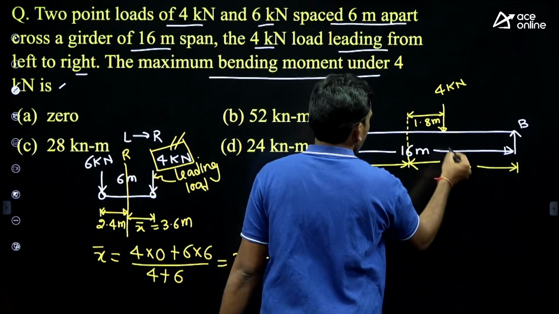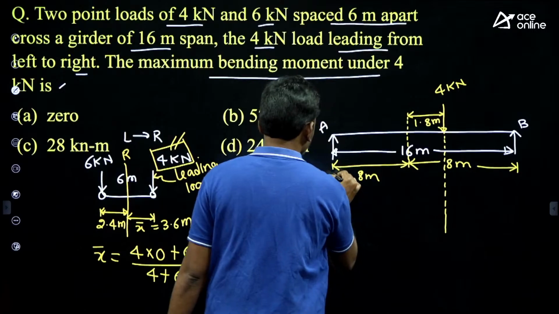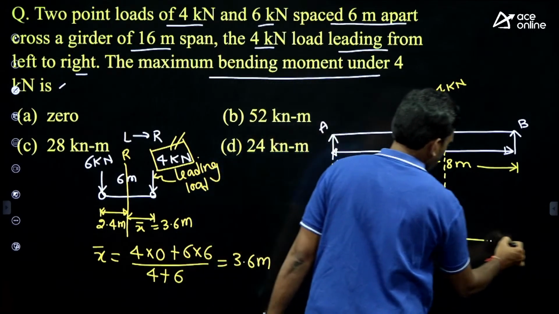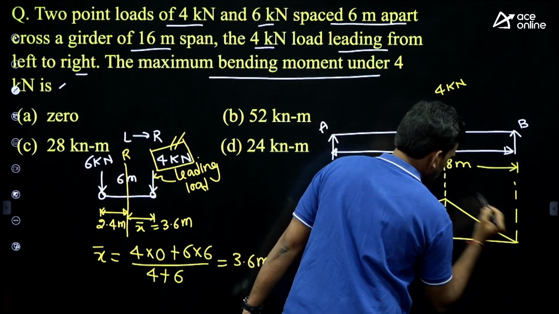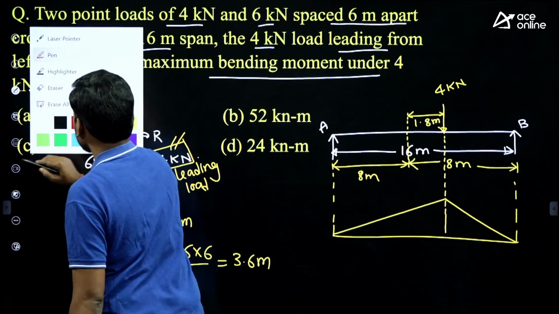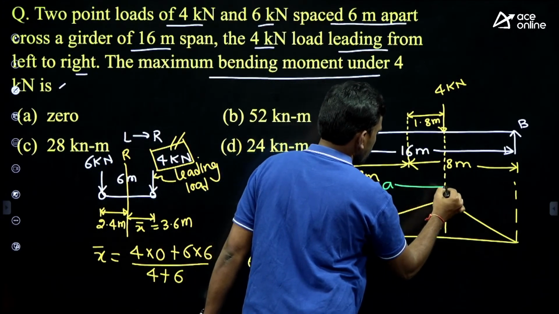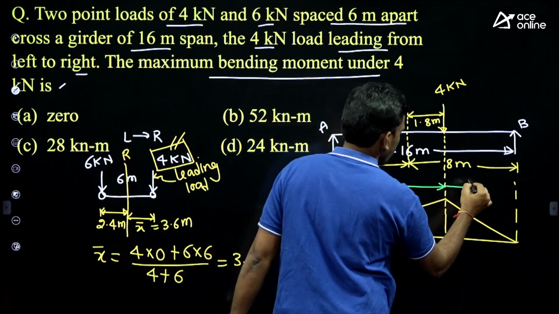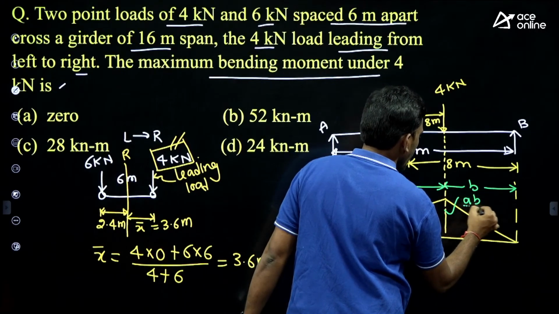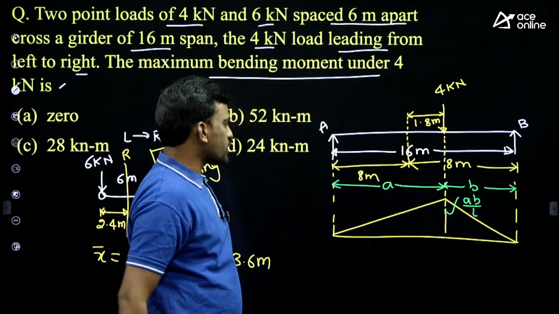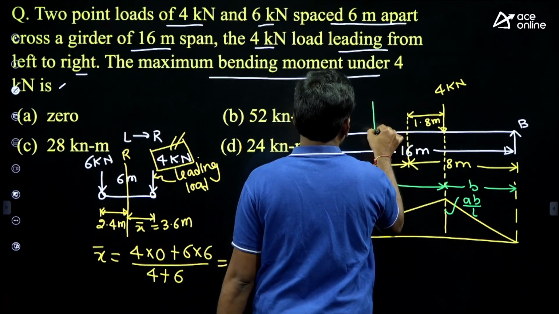Then draw the ILD for bending moment under 4 kilonewton. Students, this is the distance A and this is the distance B, and this ordinate value is AB by L. What is the distance A here, where we place the load?